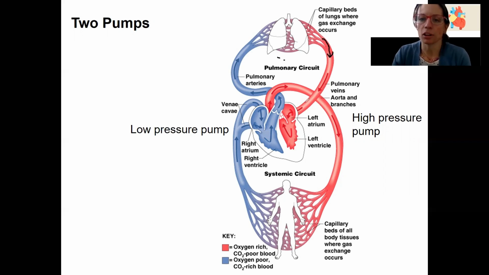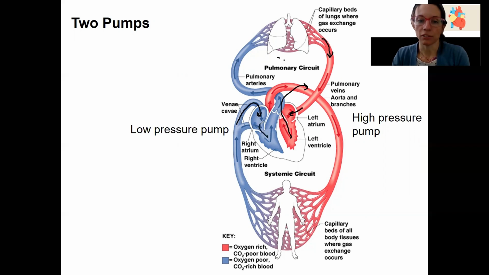Oxygenated blood coming from the lungs, entering the left atrium, enters the left ventricle, and is pumped out this systemic artery, goes to circulation to exchange with the tissues of the body, becomes deoxygenated in the process, picks up carbon dioxide, and travels back to the heart through the systemic veins and into the right atria.